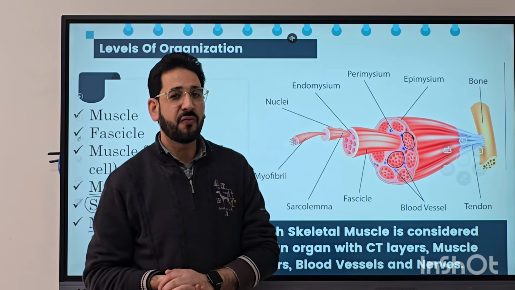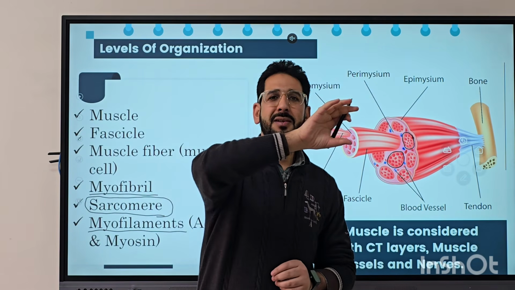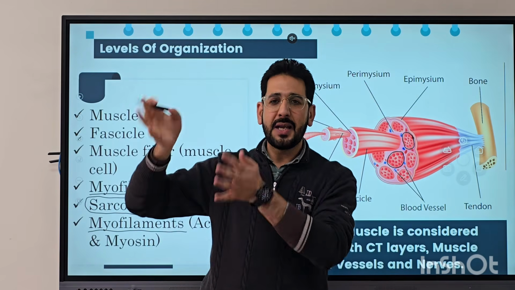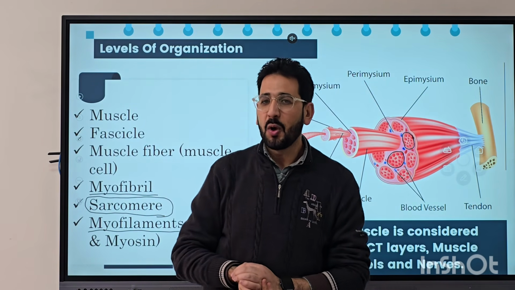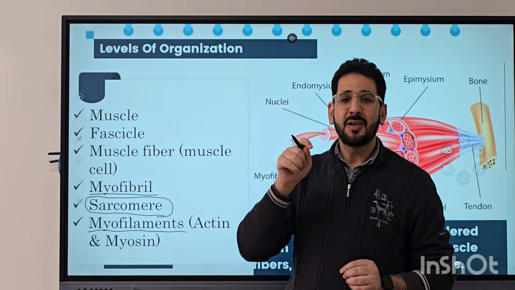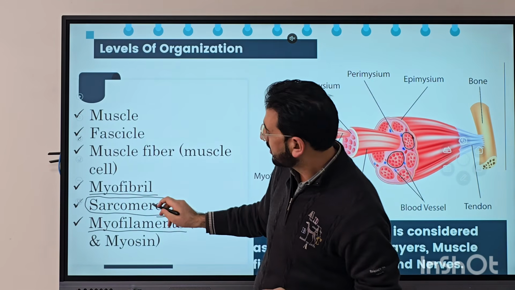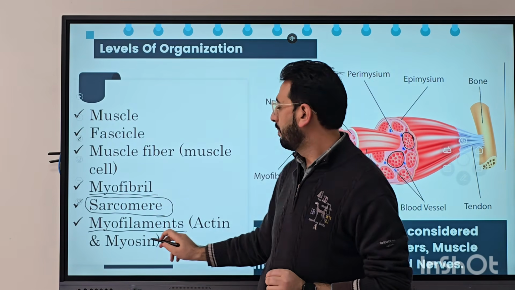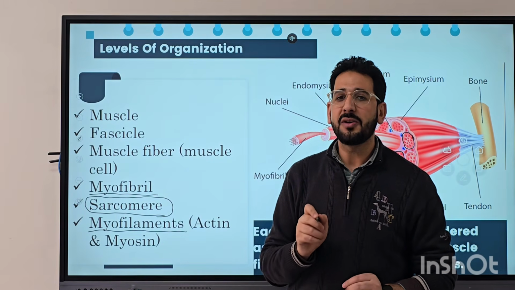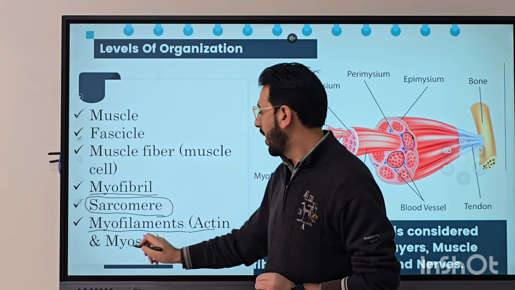What did I tell you? Myofibril is a rod-shaped structure. For example, consider this myofibril as a train, and the compartments of this train are the sarcomeres. That sarcomere is the smallest contractile unit of the skeletal muscle. Inside the sarcomere we have these myofilaments, the proteins that are actually responsible for the contraction of muscles, and those filaments are the actin and myosin filaments.